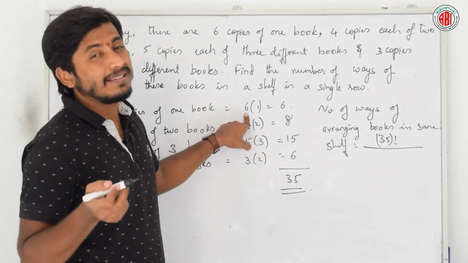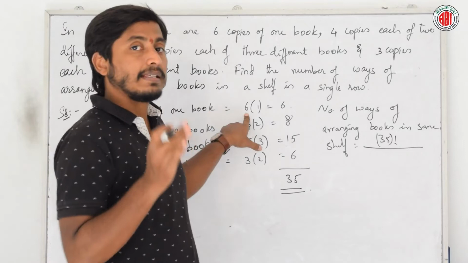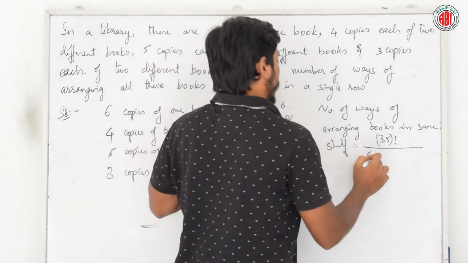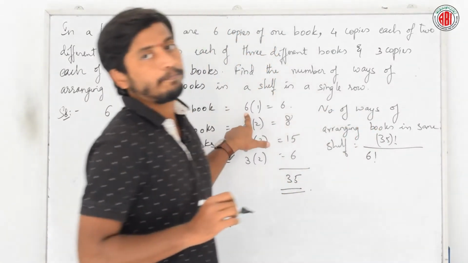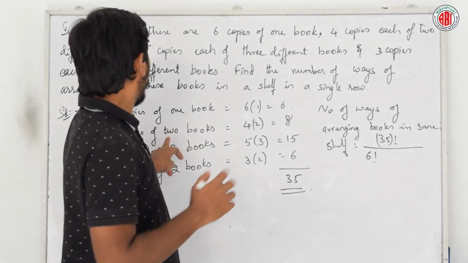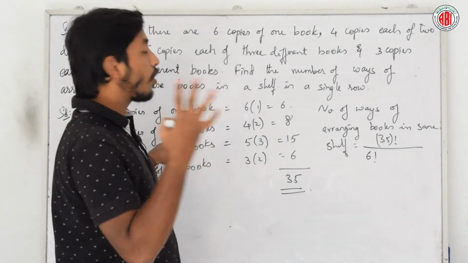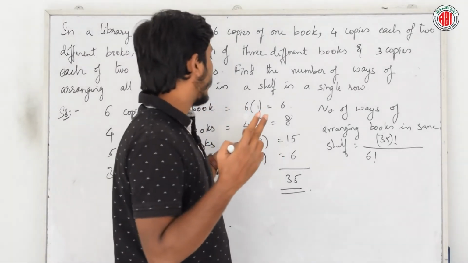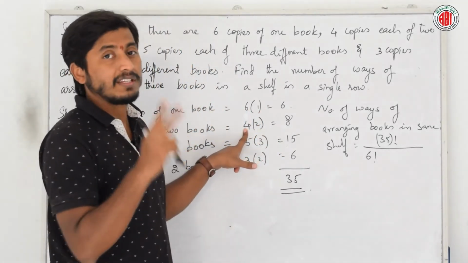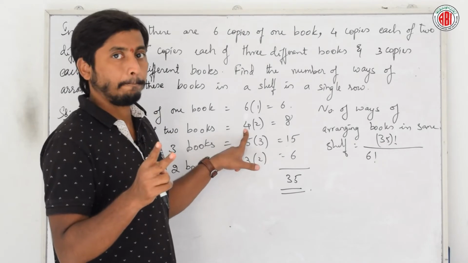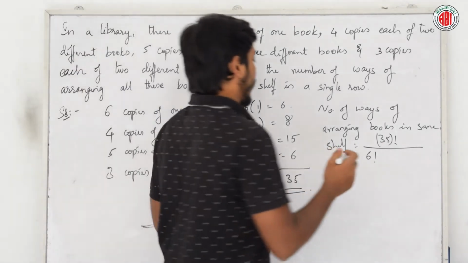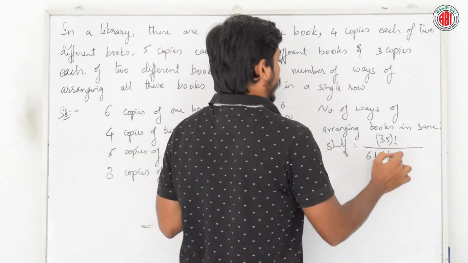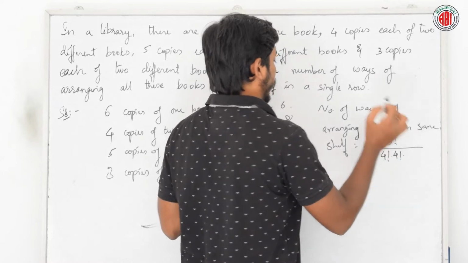The same thing is repeating, which means we have 6 same books, so 6 factorial, into 2 books of 4 copies. There are 4 copies in which 2 books are same, so we write 4 factorial into 4 factorial.